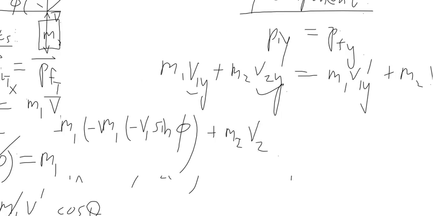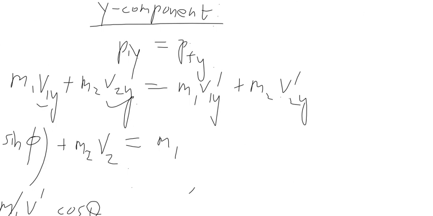On the right hand side, the velocities after the collision for mass 1 and mass 2 in the y direction. So this would be m1 v1y prime. That corresponds to mass 1 after the collision between the two vehicles.